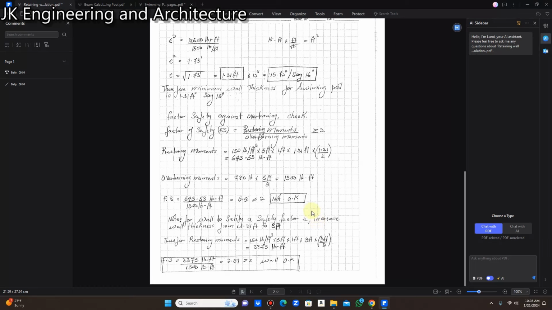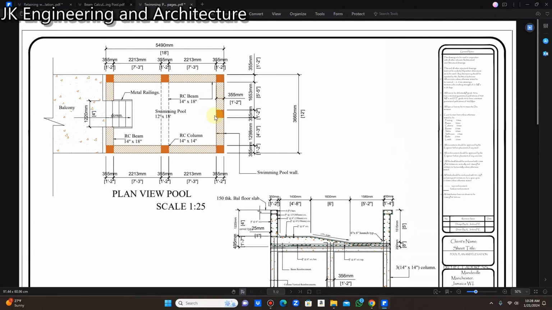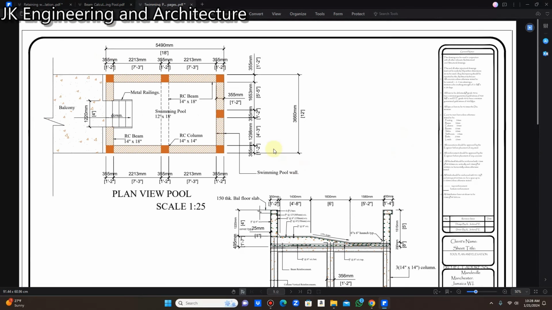So I decided that I was going to cut back on the thickness of the wall and go back to a wall thickness of 1 foot 2 inches, and that is why I have so much reinforcement in the wall to compensate for the inadequate thickness.